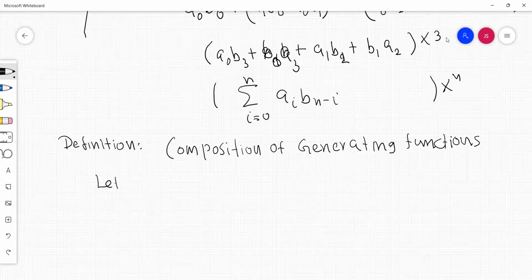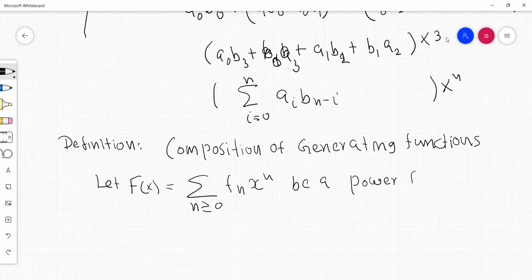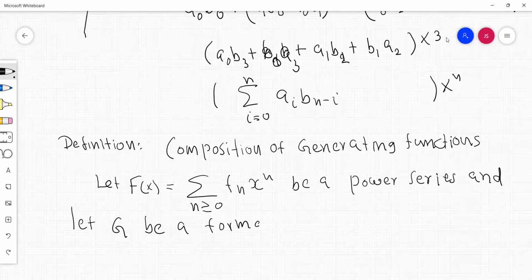Let F(x) equal the sum over n greater than or equal to 0, and let G be a formal power series with constant term 0.